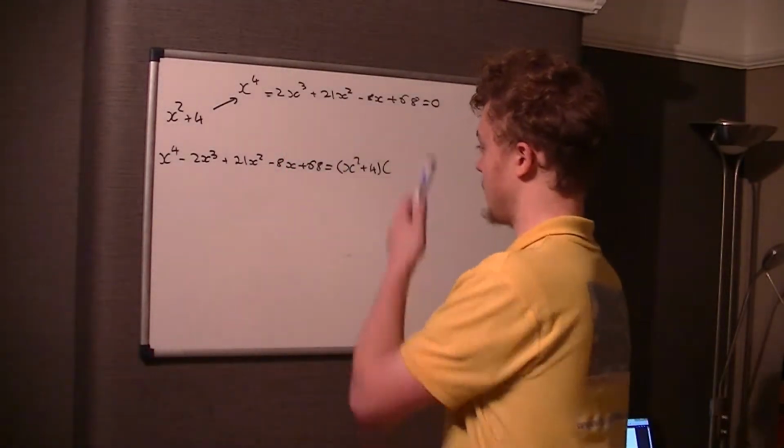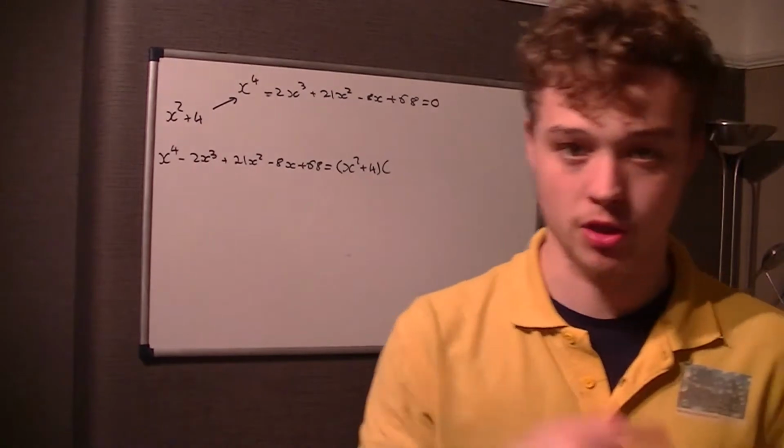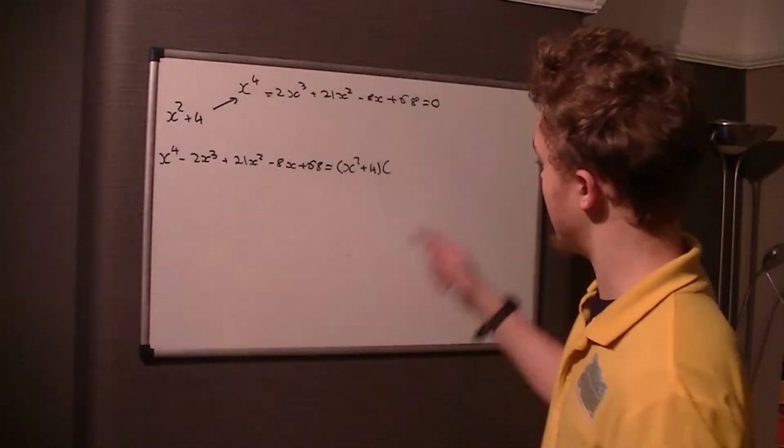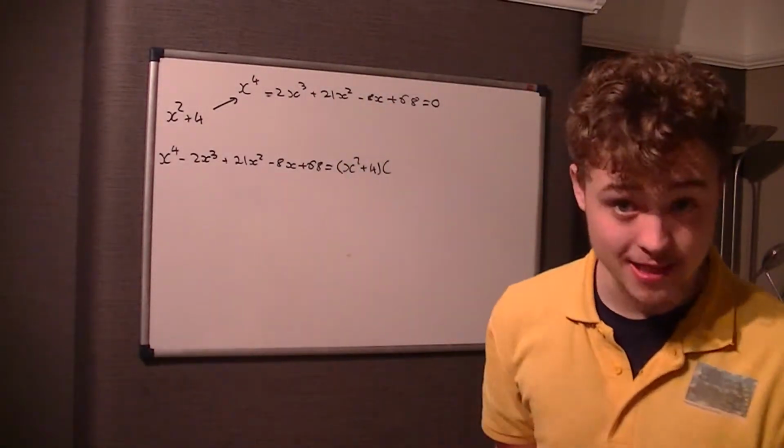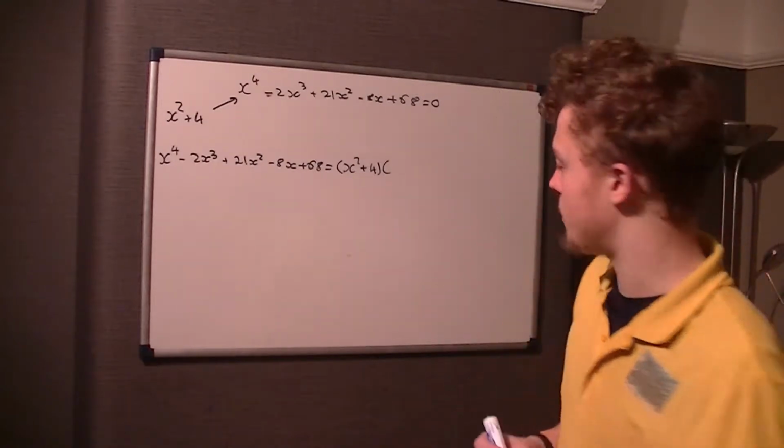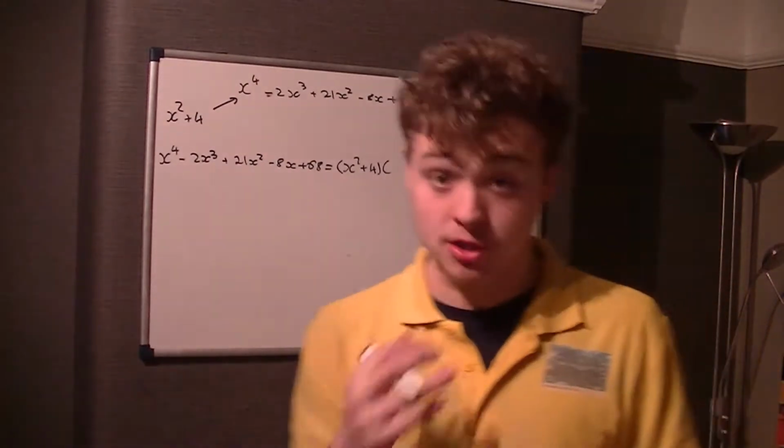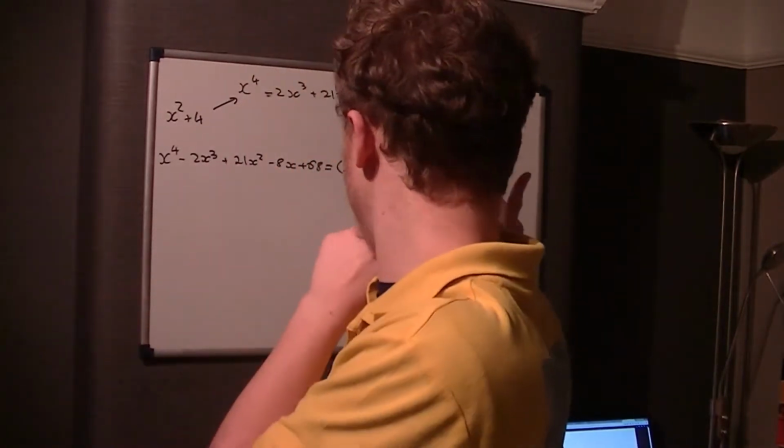As that is a quadratic, then the other factor must also be a quadratic. Now we don't know if this other quadratic factorises or not, but I'm just going to assume it doesn't. Well, obviously it does. As I said, all quadratics factorise. Some just have imaginary roots. But I'm just going to write this other factor as a quadratic, because it's a quadratic times a quadratic.